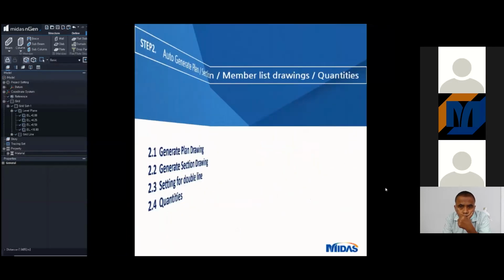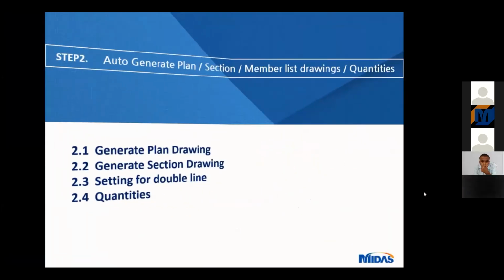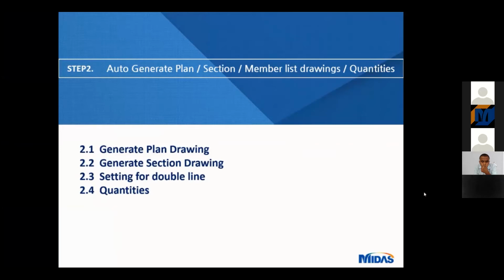From now on, I will explain how to create a floor plan, elevation drawing, member list, and quantity calculation. Actually, this method was explained once in the first webinar, but it is important, so I will tell you again as a review.